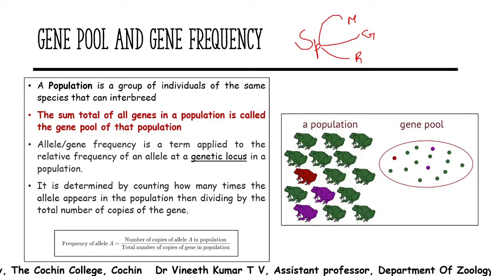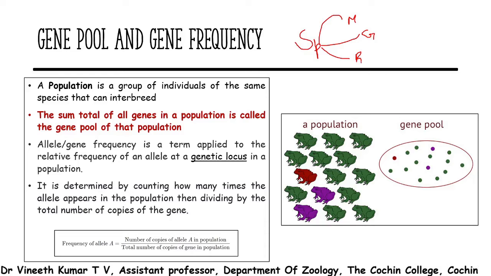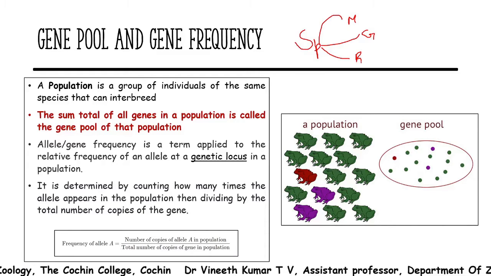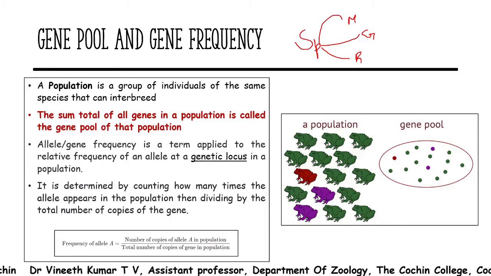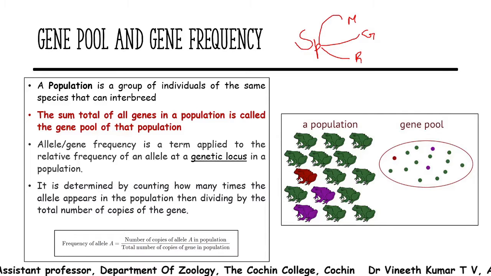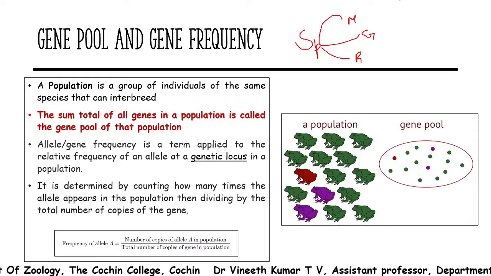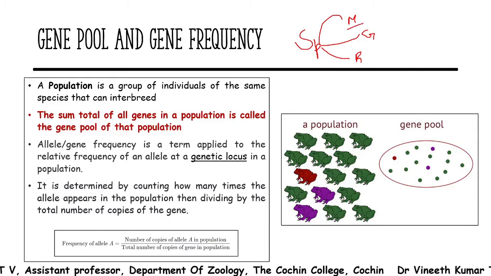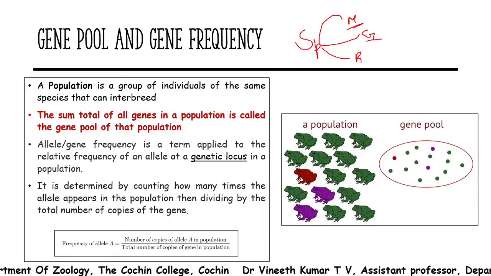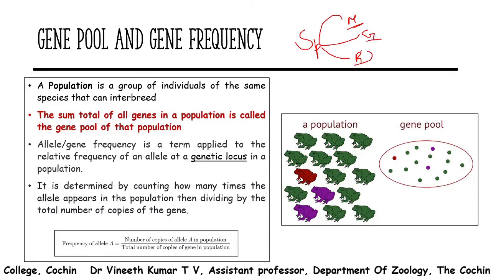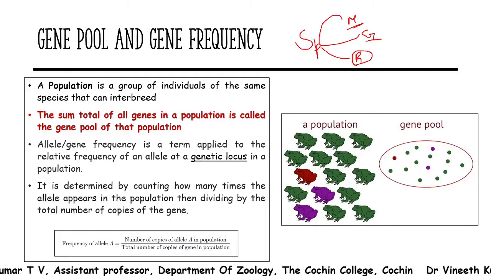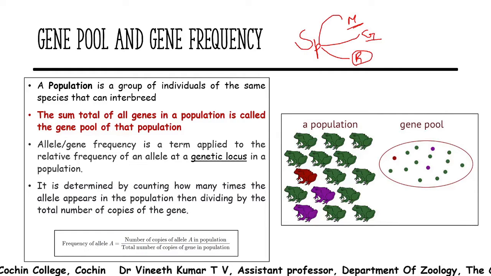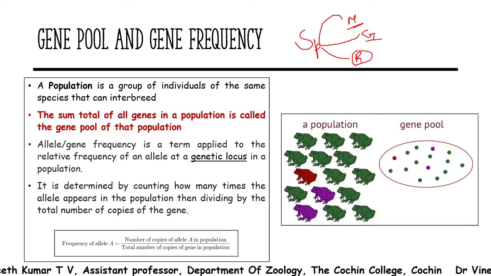The embryo develops, it gives rise to an individual, and the individual lives. But the problem with the mule is that it is sterile. So when you consider a group as a species, it should be morphologically similar, genetically distinct, and reproductively isolated. If a group satisfies these three criteria, you call them a species.